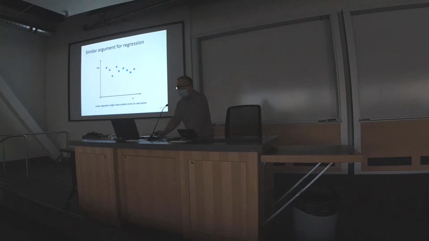And a similar argument can be made for the regression task. Suppose these are the training points, so the feature is just one-dimensional x, and the y-axis indicates the label, which is continuous. This is a regression task. If I want to perfectly fit this training data, how should I do that?